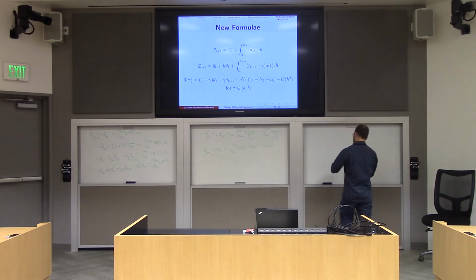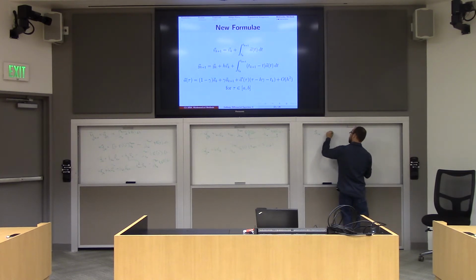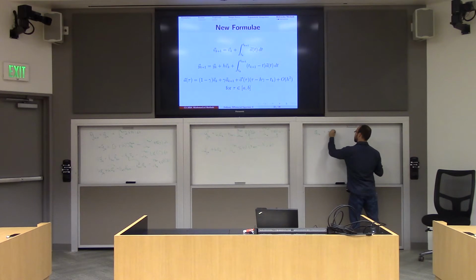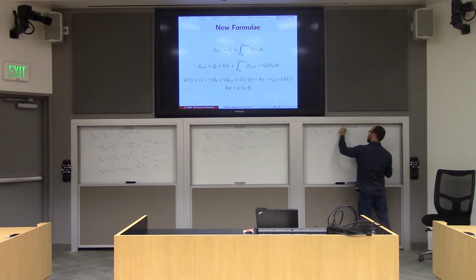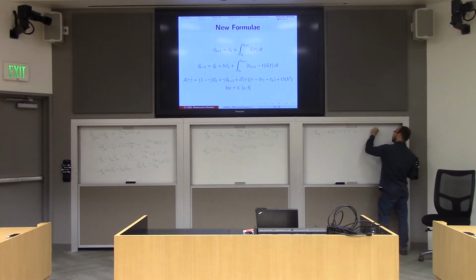Well, then we're going to have that a at time t_k is equal to, right, the usual formula, a at tau, plus a prime of tau, t_k minus tau, right, this is a negative number by the way, plus order h squared.